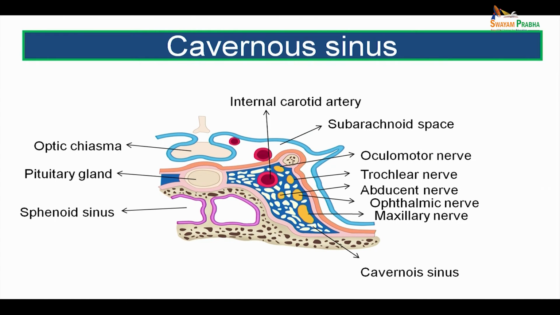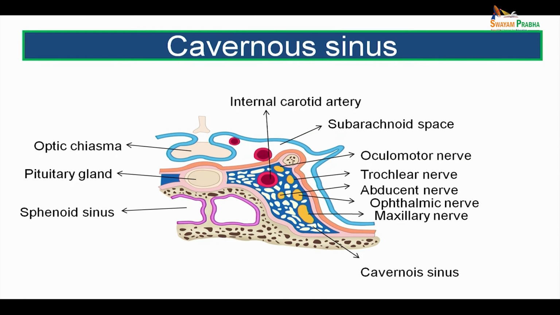The trochlear nerve also passes through the lateral wall of the cavernous sinus and enters the superior orbital fissure. The ophthalmic nerve travels in the lateral wall and divides into its 3 branches, that is the frontal, lacrimal and nasociliary nerves, and all these 3 nerves leave the cavernous sinus and enter into the superior orbital fissure.